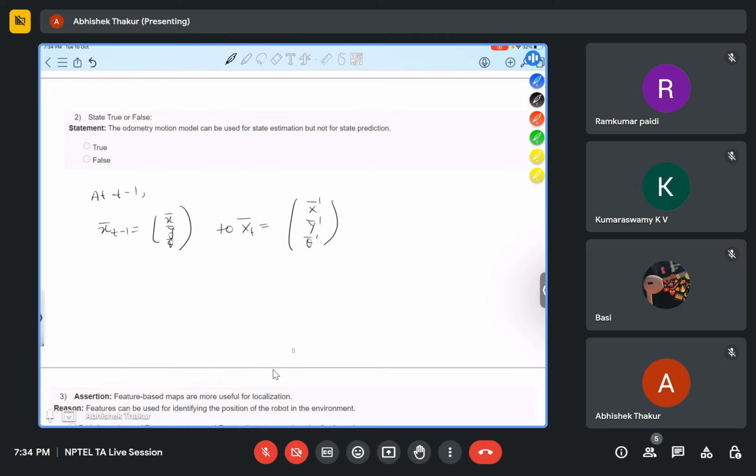So this is just the odometry measurement: at t minus 1, the robot position and orientation was x bar, y bar, theta bar, and at t, it was x bar prime, y bar prime, theta bar prime.